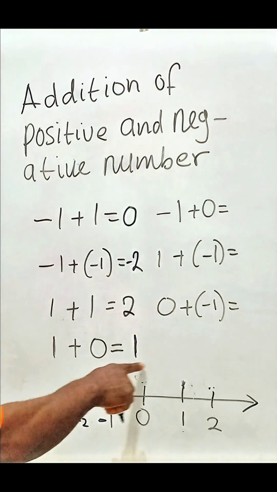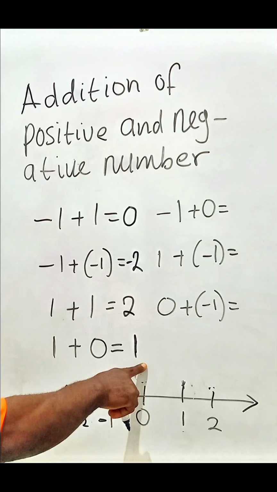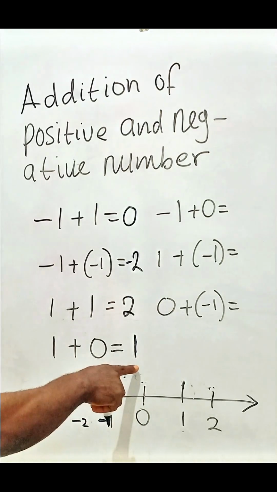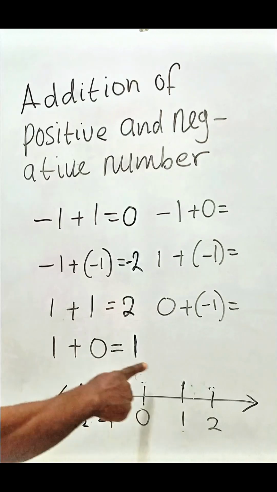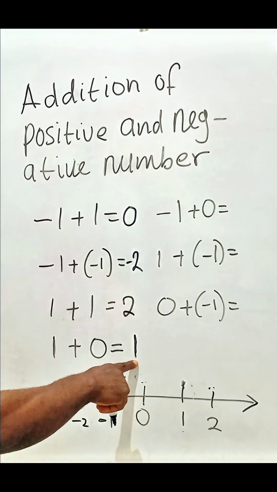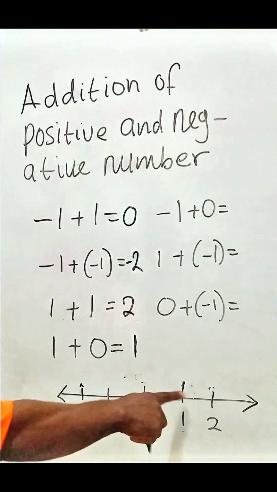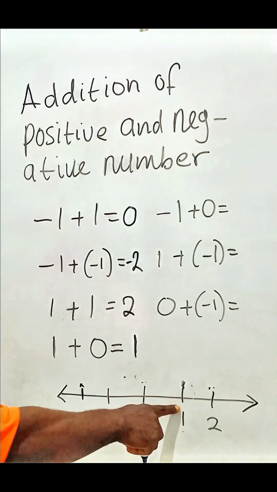Therefore, 1 plus 0 is 1. So if we add nothing to 1, the result is 1. Or if we add 1 to 0 on the number line, the result is 1.